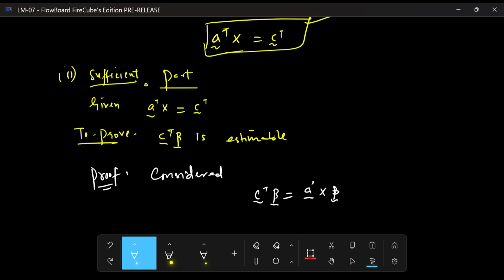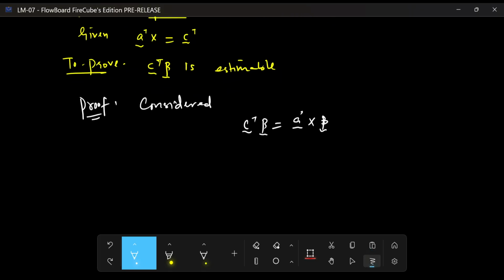So this is nothing but A curl transpose expected value of Y curl, as we have already proved that expected value of Y curl is X beta curl from the necessary part. So this is nothing but expected value of A curl transpose Y curl.